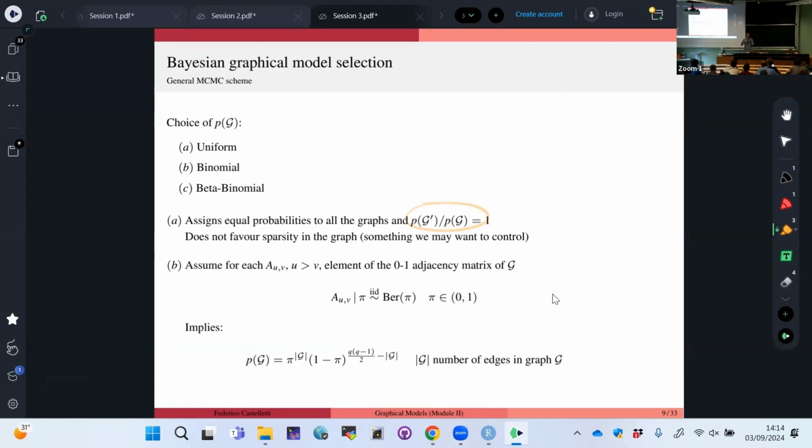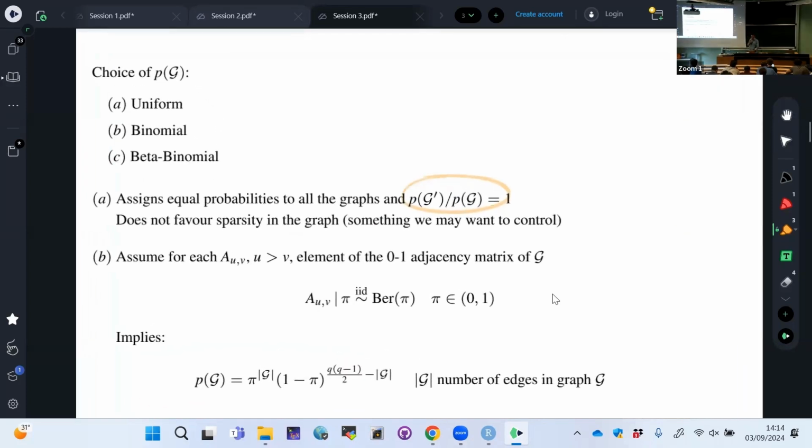If you want to encourage sparsity, you may want to favor graphs with a small number of edges, so assign a higher probability to graphs with a moderate or small number of links. One possibility to achieve this is to structure a sort of binomial prior controlling for the number of edges in the graphs. A binomial type of prior can be structured as follows.